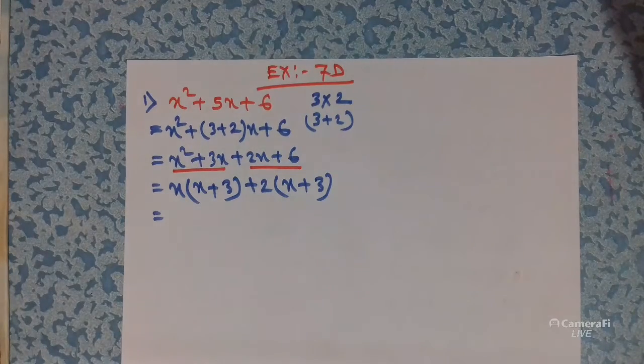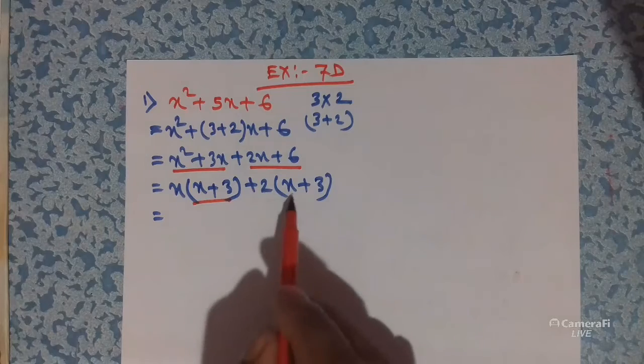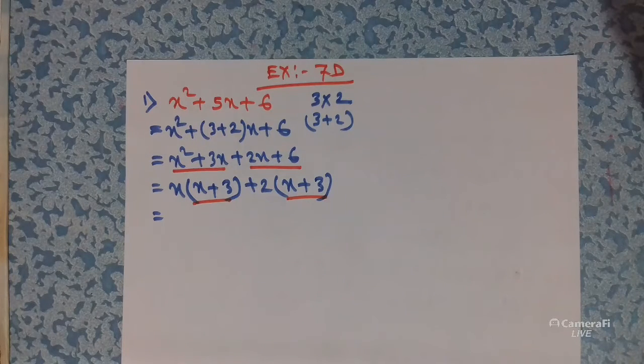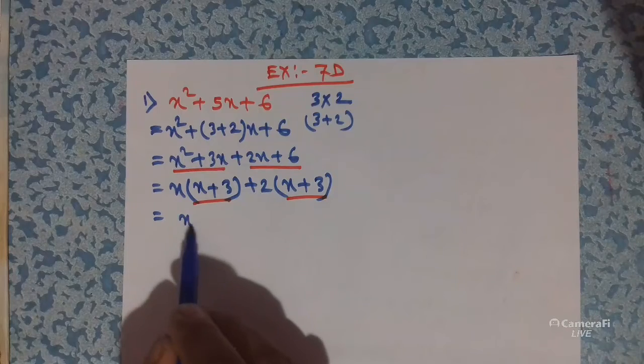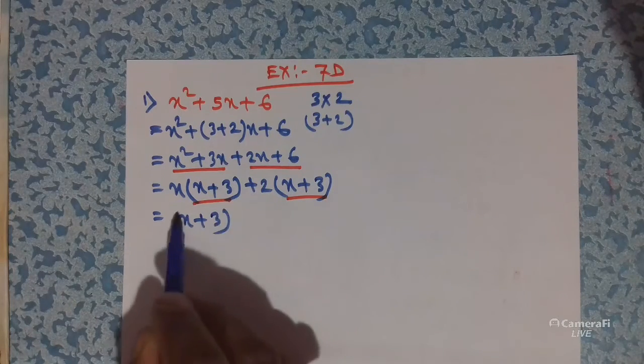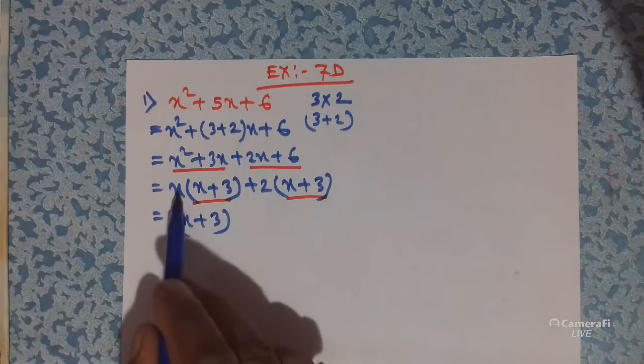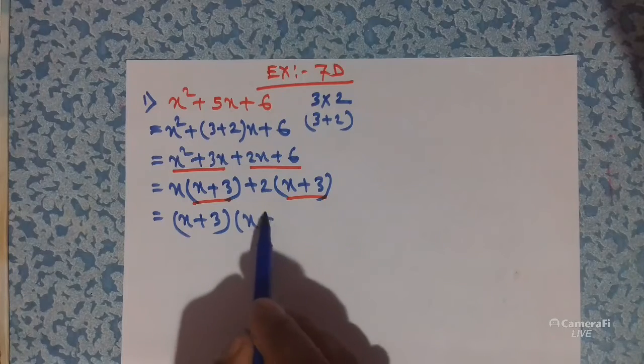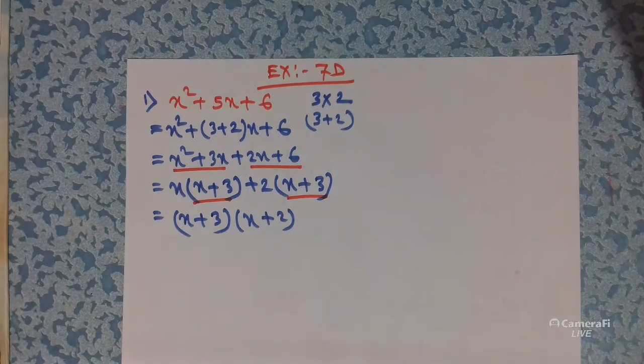Now students, you can see that x plus 3 is present in both terms. So again we can take x plus 3 as common, and here x will be left and plus 2 will be left. Our factorization is complete.